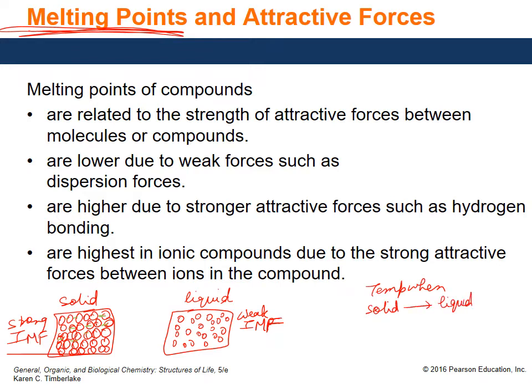So if a solid has a very strong IMF force, in order to break that IMF, in order to turn it into liquid, the melting point is going to be really high. Why? Because this force of attraction is really strong. So to break this force of attraction, the amount of heat that would be needed would be a lot, which means the melting point would be high.